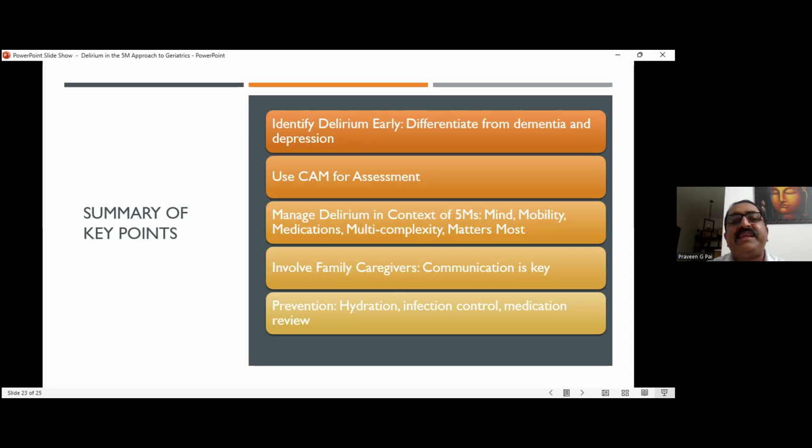So these are the summary points which I have for you. One is, the earlier you identify delirium, always it is better, because delirium is very easy to identify. Somebody with a reasonable skill can tell today this person is not doing good.